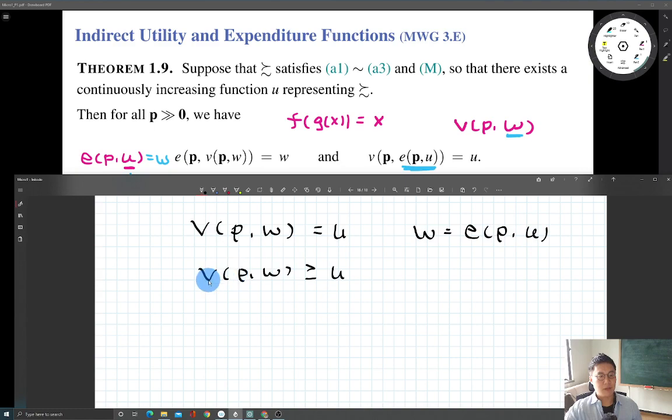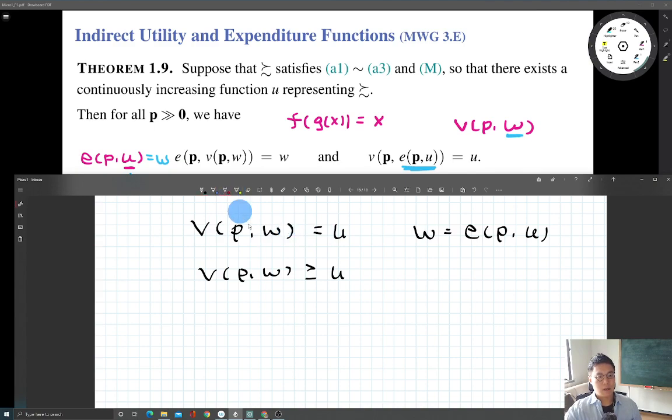But V indicates the highest level of utility with the same amount of money. That should be at least higher than this U. So we have this inequality, but we want to show equality.